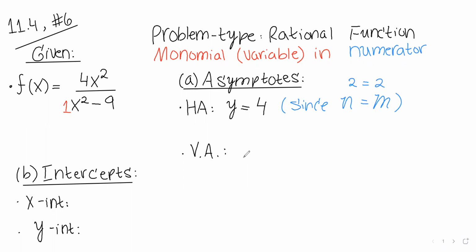Vertical asymptotes: set the denominator equal to 0. Of course, as I always say, you could probably do this in your head, but just show some work. x squared equals 9. Square root both sides, you get plus or minus 3.